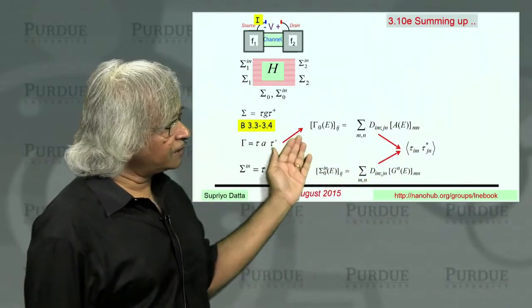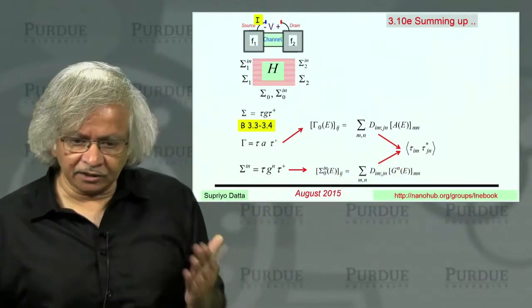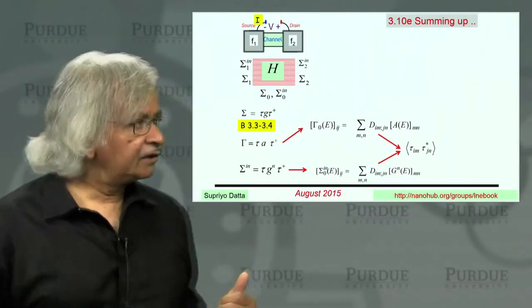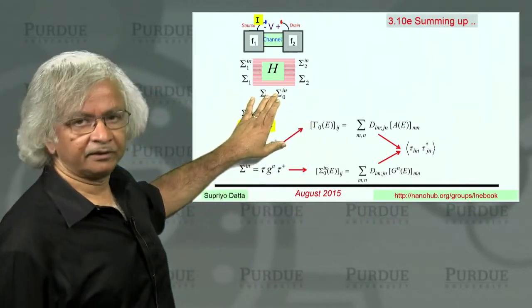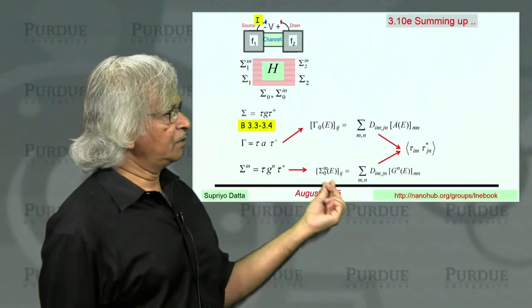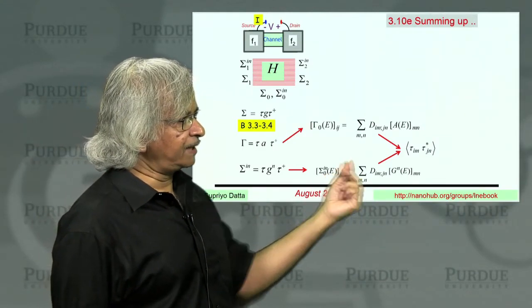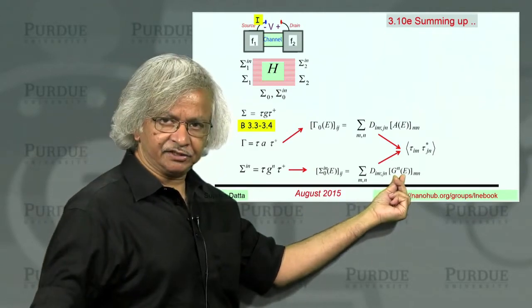So this is what you'd get if you had elastic scattering. And again, as I pointed out, there's a lot of physics you could cover considering elastic scattering processes, meaning ones where no energy is exchanged. And so the sigma in at a particular energy depends on the electron density at that energy.